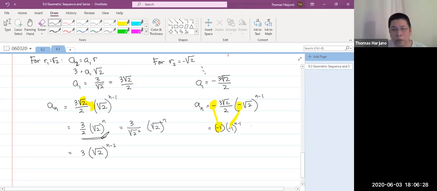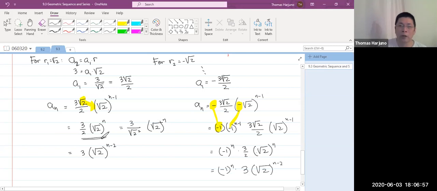And I have 3 radical 2 over 2 radical 2 to the power of n minus 1. So this will give me negative 1 to the n times 3 over 2 times square root of 2 to the power of n. Now the alternator is usually written first. So 3 times square root of 2 to the power of n minus 2, if you like.